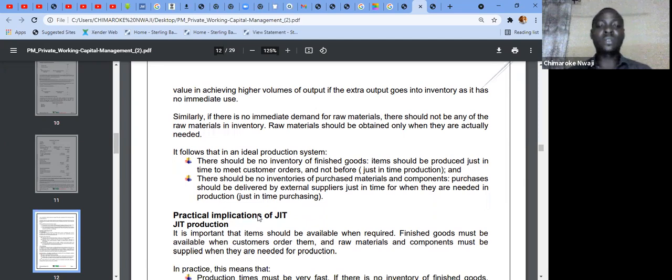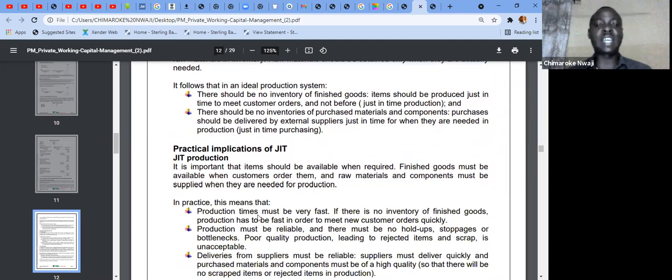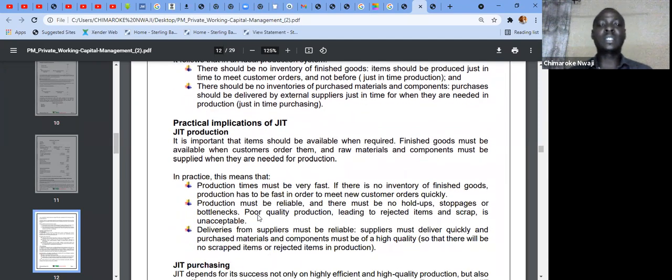What are the practical implications of just in time? It is important that items should be available when required. Finished goods must be available when customers order them. Raw materials and components must be supplied when they are needed for production.